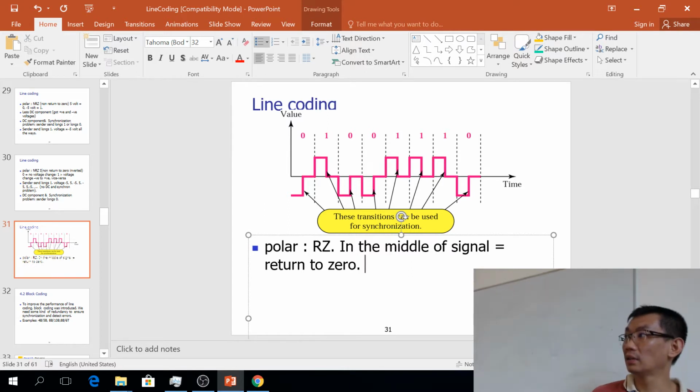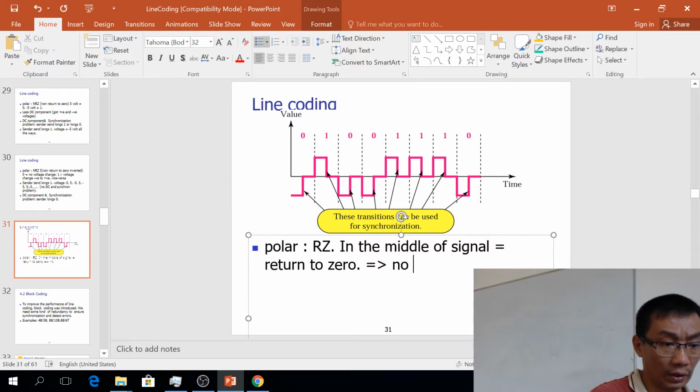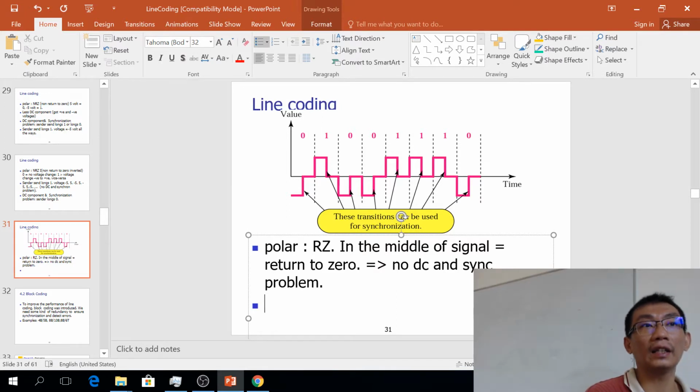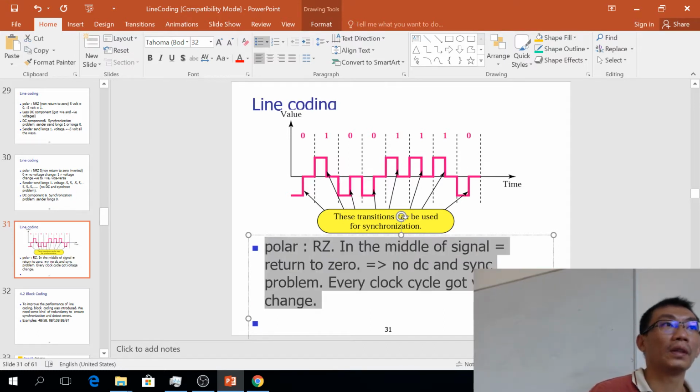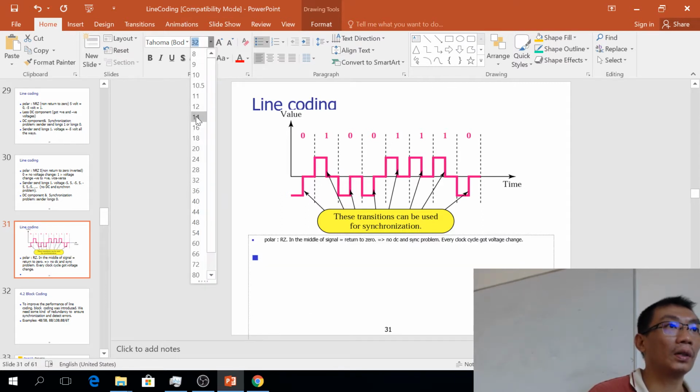Okay, so then this one, no DC, because every cycle you return to 0. Every cycle there is a transition. Every clock cycle got voltage change. Alright, so no problem. You won't have DC problem, anything.